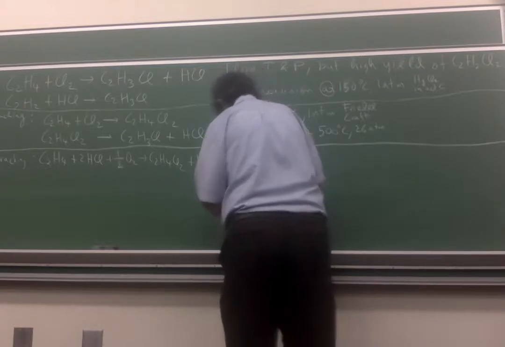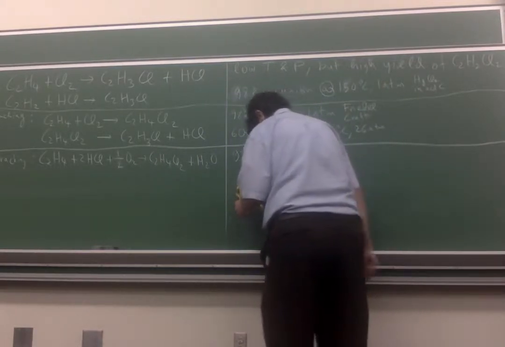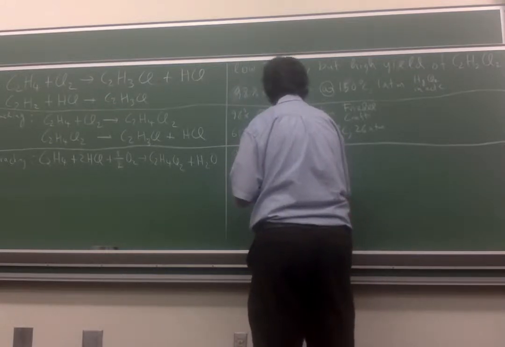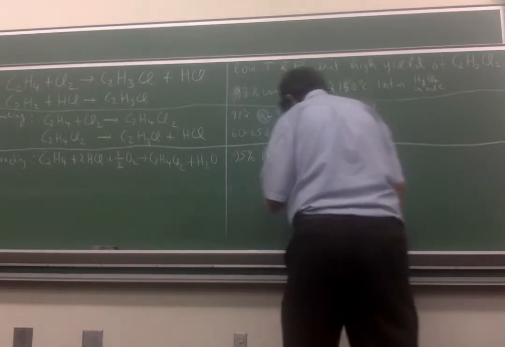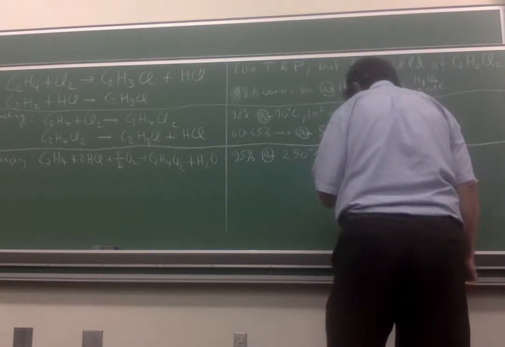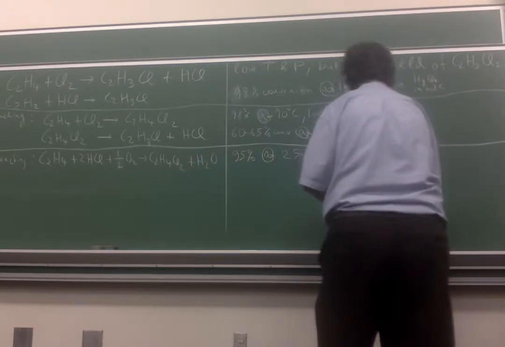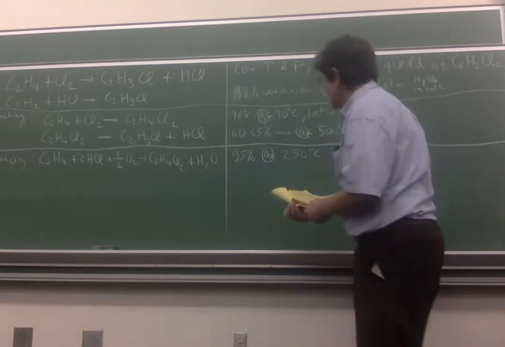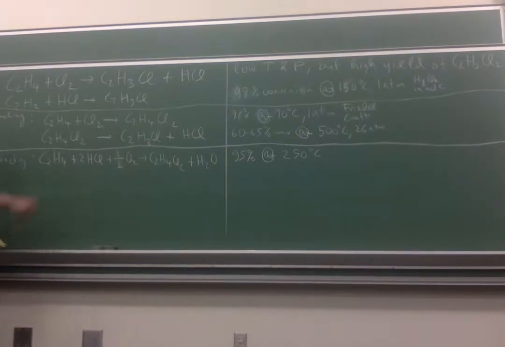And this is at 250 degrees C. I don't see the pressure. I'm assuming it is close to atmospheric, but since I don't see it, I'm not putting it. And step 2 is the same as above, so I'm not going to write it again.